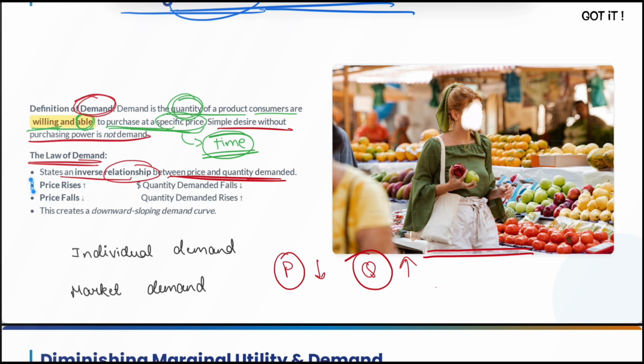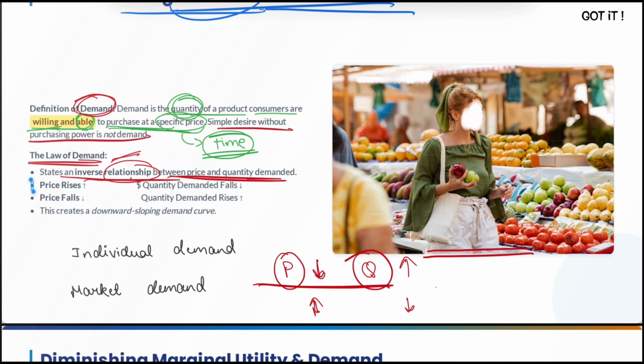If their price is more, you prefer to buy less. That is what is stated in the law of demand, that there is an inverse relationship. They are not directly proportional, they are inversely proportional to one another. If the price reduces, the quantity demanded will increase, and if the price increases, the quantity demanded will reduce.